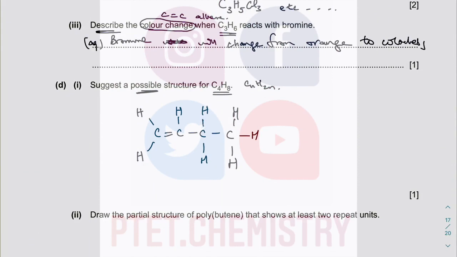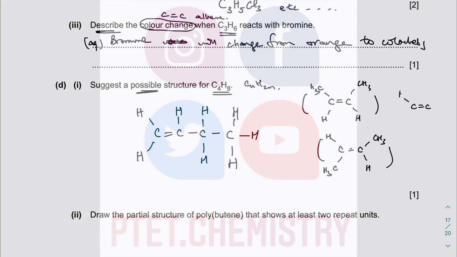C4H8. You can also draw other possibilities, such as this one, with CH3, obviously. There are also other possibilities where the CH3 is there and the CH3 is down there. Another possible isomer would be C, C, H, H, H, C, H. I can't think of the other one.